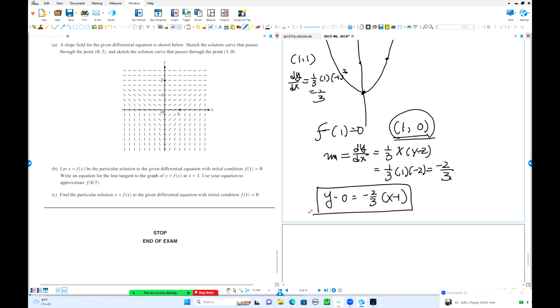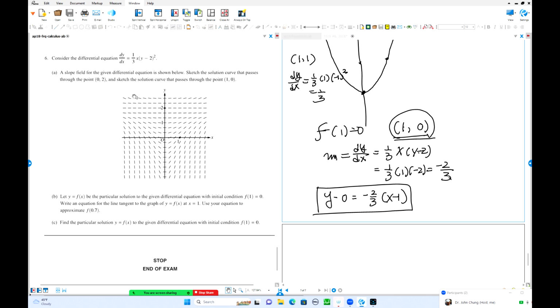Let me check dy/dx again. 1/3 x, x equals 1, y equals 0. There's a y equals 1 there, okay? Oh, that's correct. x equals 1, y equals 0.